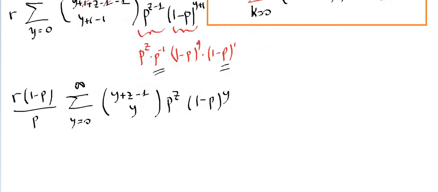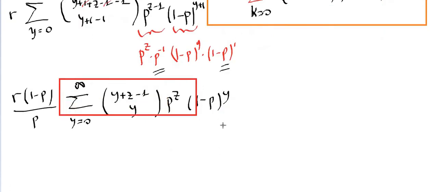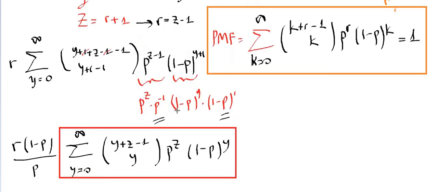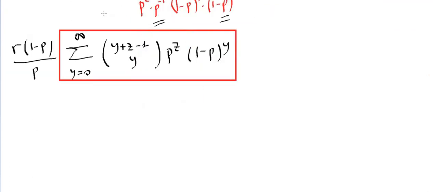If you realize, this is exactly the same as our mass function with different variables. So this is exactly equal to 1, because we're counting from 0 to infinity all possible outcomes of the density function. So this is 1, and 1 times this is our expectation. So expectation is equal to r times (1 minus p) over p.